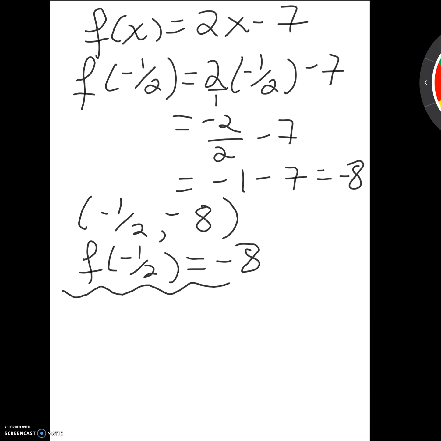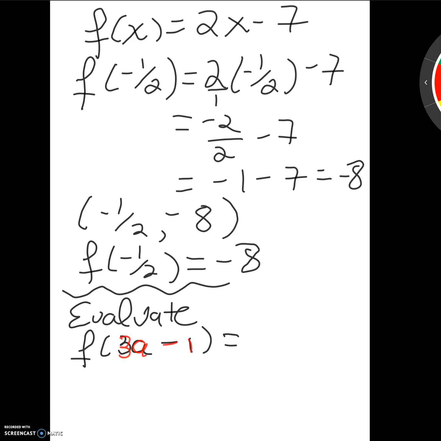Let's do one more. We're going to use that same function as we have above. So let's evaluate f of 3a minus 1. All we're going to do is every time we see an x, we're going to replace that x. And again, I'll make this red to make sure that you can see it. We're going to replace that x with 3a minus 1.